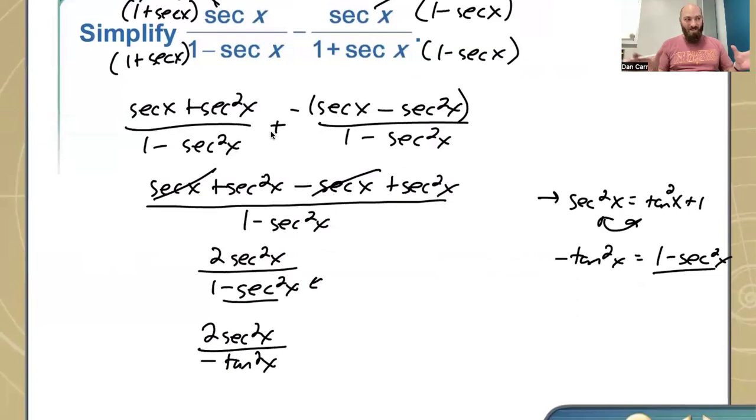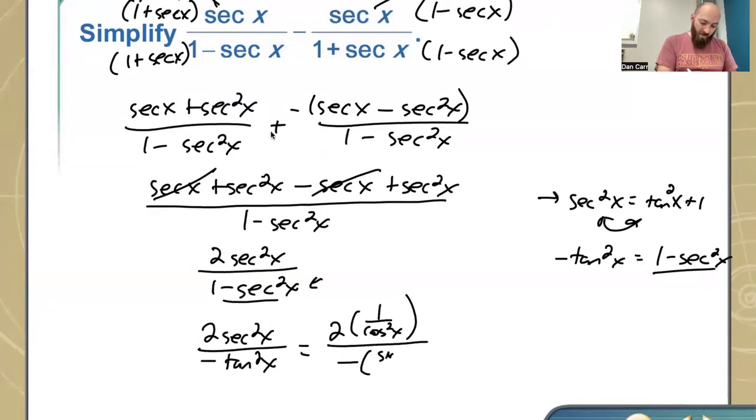So almost there. Secant squared x and tangent squared x, I'm going to remember the reciprocal as well as the tangent property for that one. What I mean by that is the numerator is going to be 2 times 1 over the cosine squared of x. My denominator is going to be the negative of sine squared x over cosine squared x. Okay.